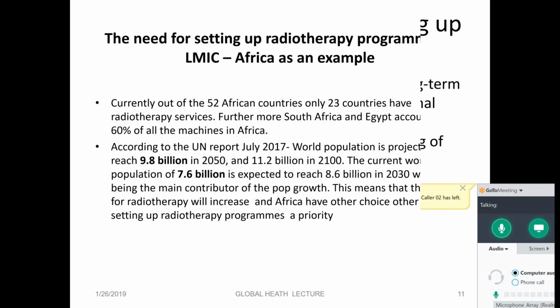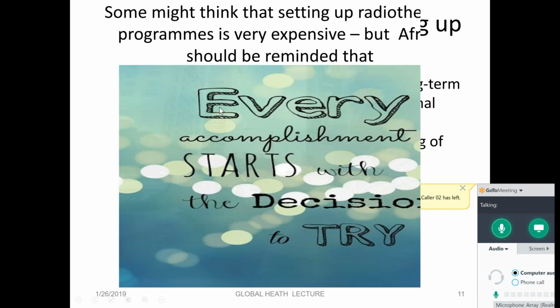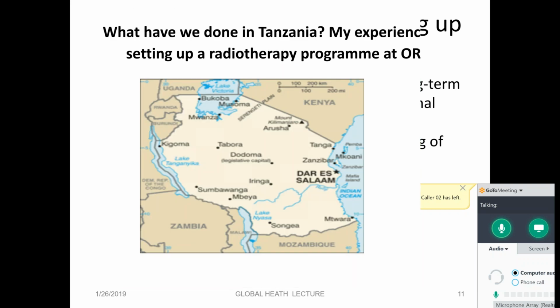For example, in Tanzania, just these 2-3 months, we bought 4 planes. If you look at the cost of that, we would have built 10 radiotherapy units. So there isn't any investment which is too large to save cancer patients.